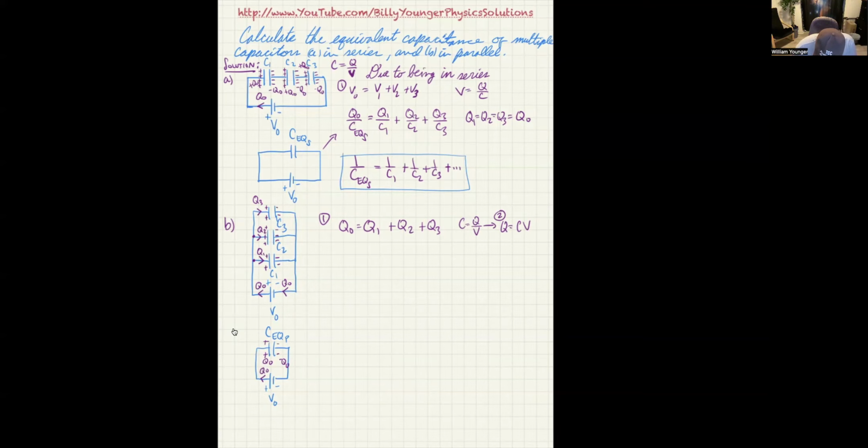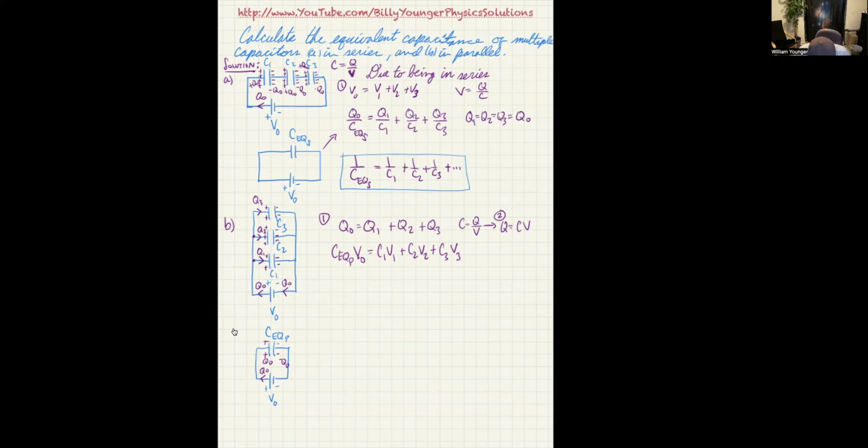So for the Q0, we can compare it to the circuit down below, which we're going to say is C equivalent parallel times V0. And then Q1 is going to be C1 V1, and Q2 is going to be C2 V2, and Q3 is going to be C3 V3. Of course, again, if we had more, we just have more terms.